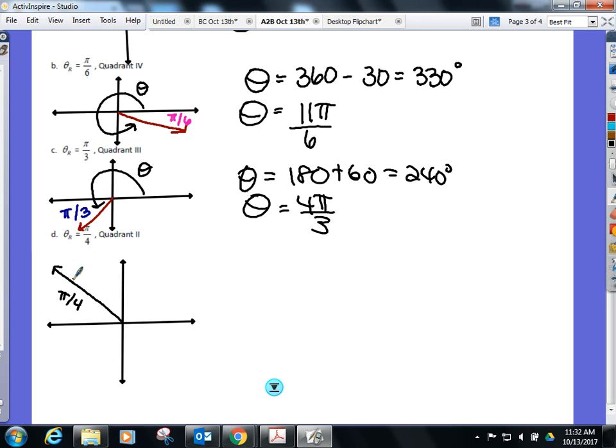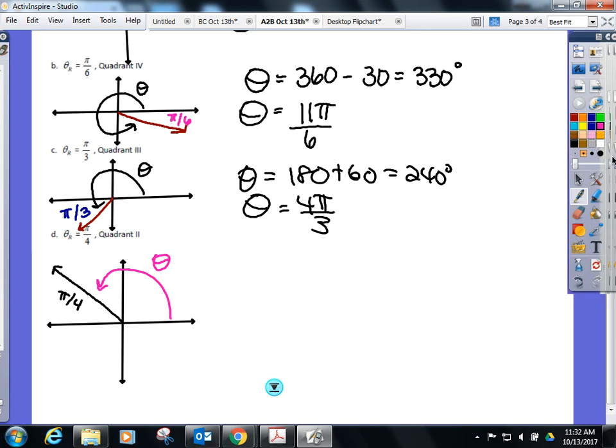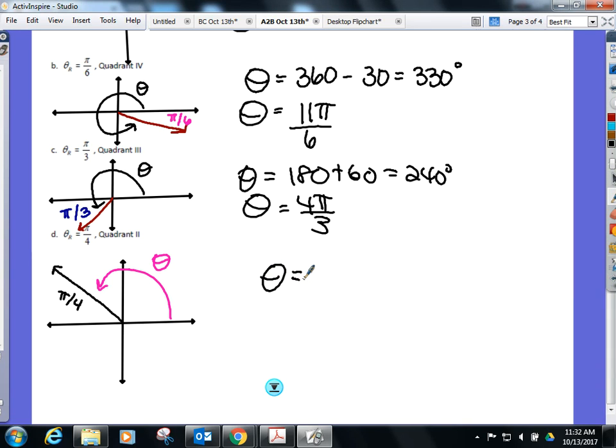What's the actual angle now? A little help here, Lucas. How are you going to find it? How do you get the actual angle in degrees? Add 45 to 90.